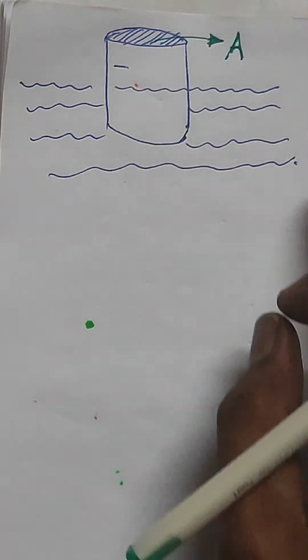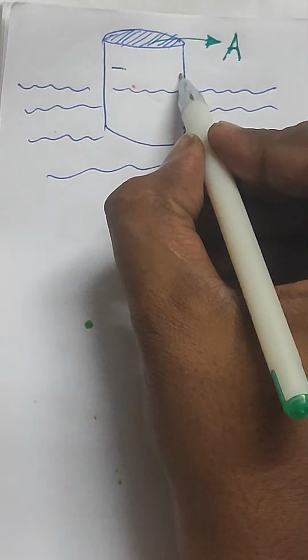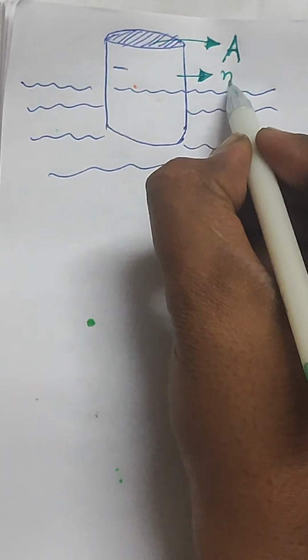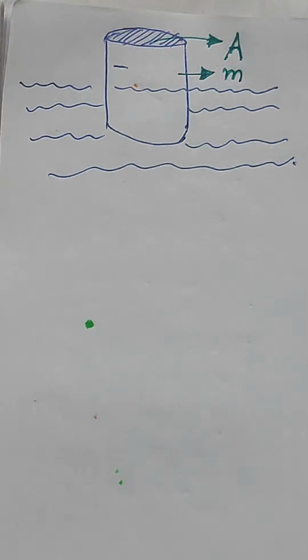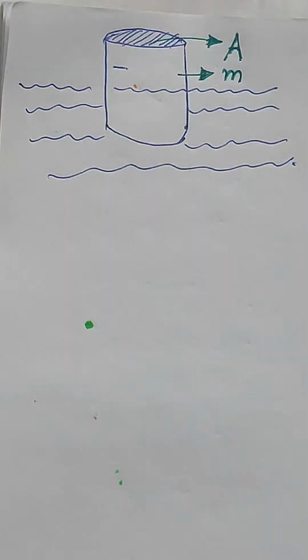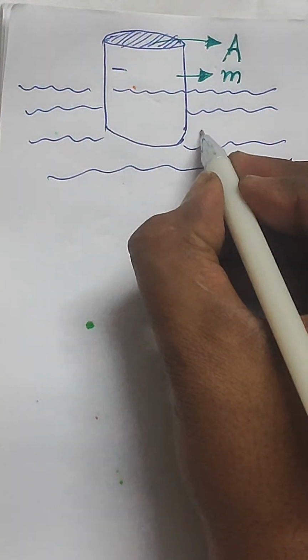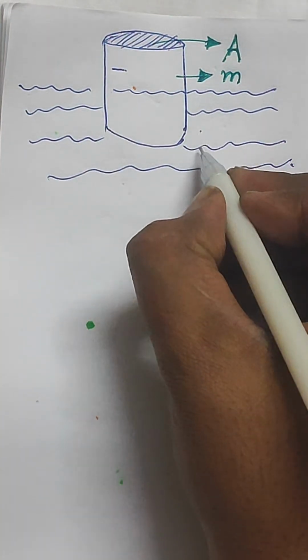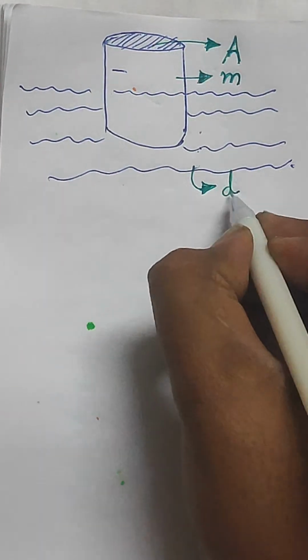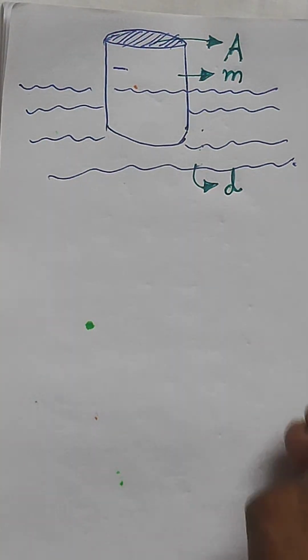And it has a mass m, the mass of this cylinder is m. Now it floats with its axis vertical in a liquid of density d. So the density of this liquid is nothing but d, right?